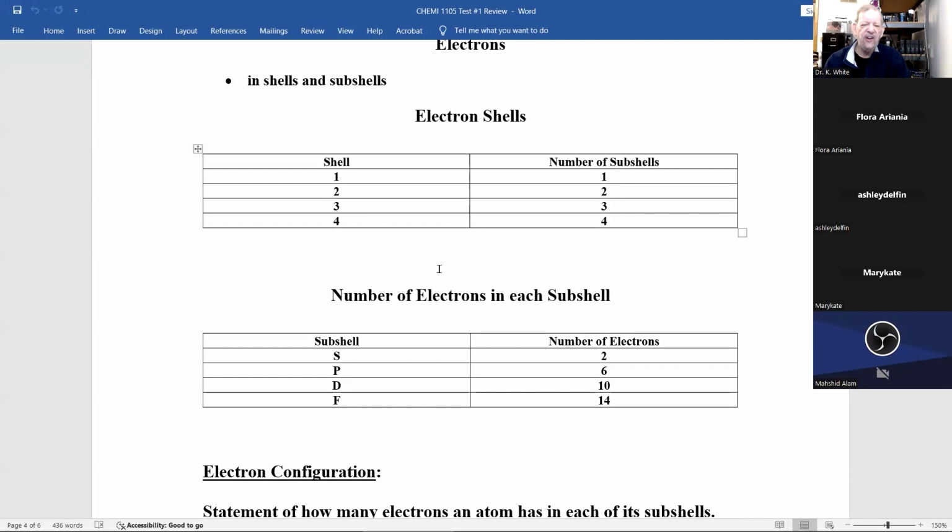Shell 1 only has one subshell. Shell 2 has two subshells, 3 has three, 4 has four. And you should know shell 1 is the lowest energy shell, and on this table, 4 is the highest energy.